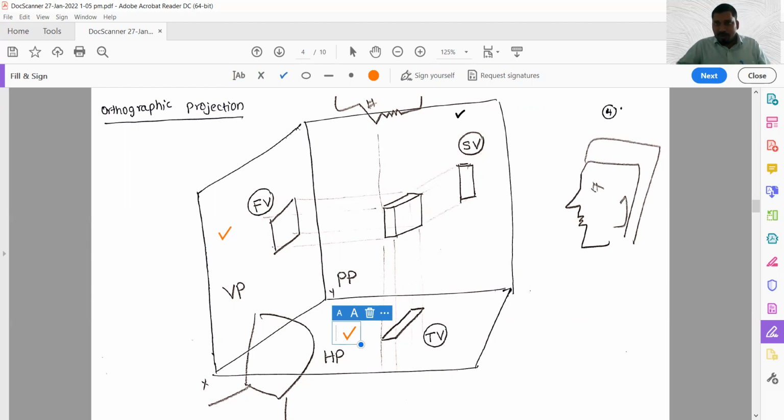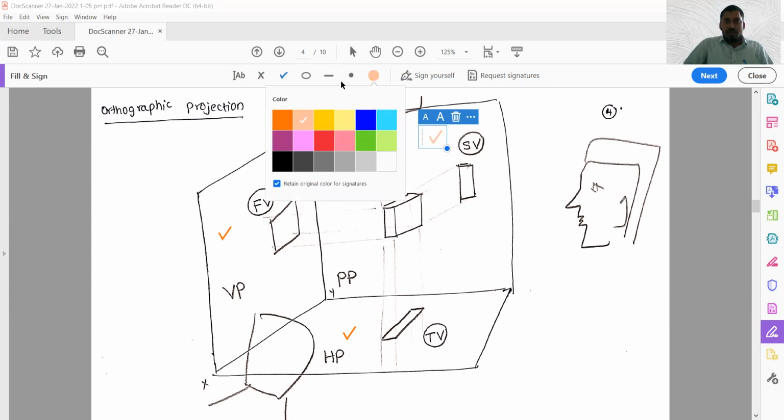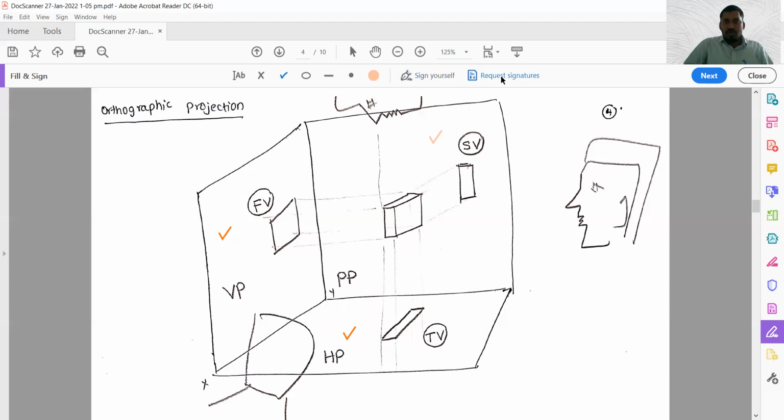Two planes, the right profile plane and the left profile plane. So this is the profile plane. These are three different planes.